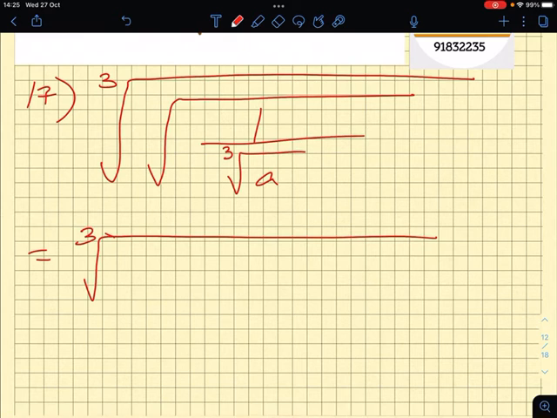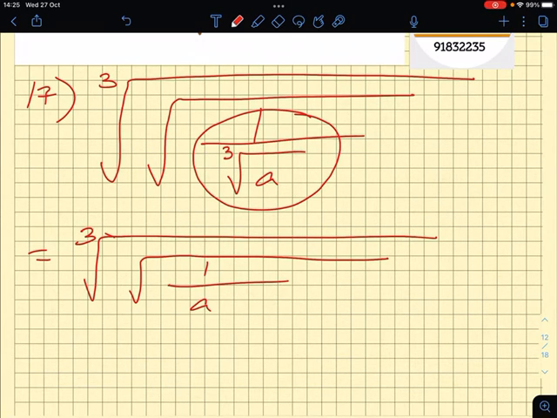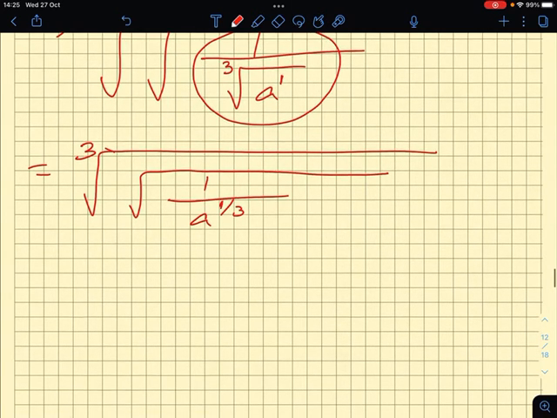Okay, the square root, leave it as this, so change this one first, right? So 1 over a to the power 1 over 3, where I got the 1 from the a, right? Okay, then after that the cube root stays as it is, then change this into negative index, right?